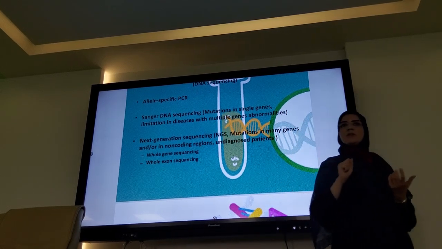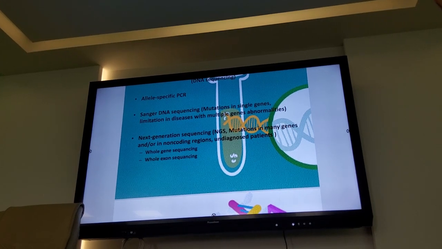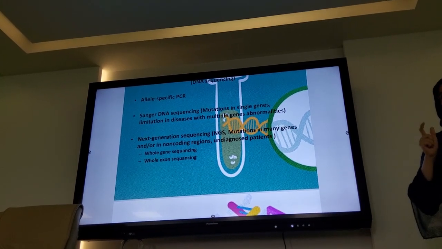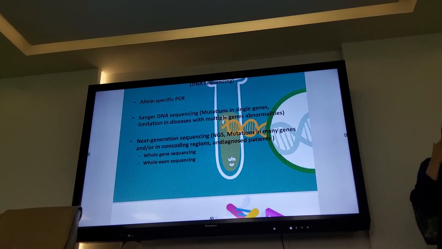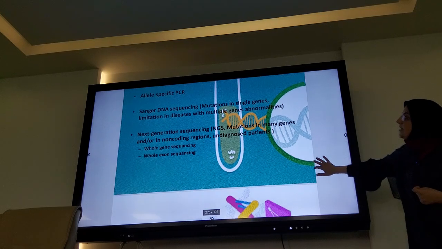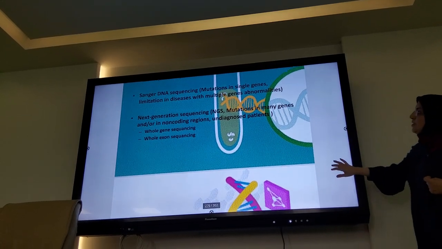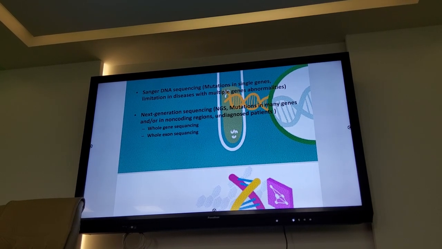In Sanger, in each test, we can just find one gene which is abnormal. But sometimes we need to repeat the test to find the abnormal and mutated gene, which is related in this person to Marfan syndrome. Okay? In next generation sequencing, we can evaluate all the genes that are related to Marfan. So easily we can find the abnormal mutated gene. Okay?